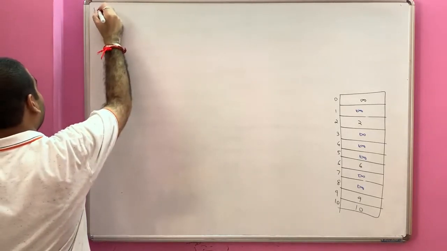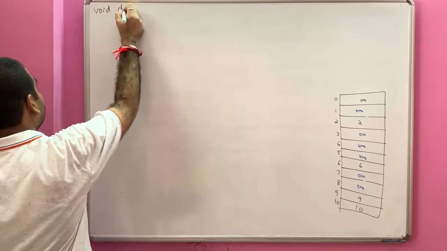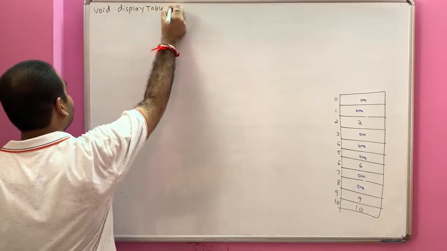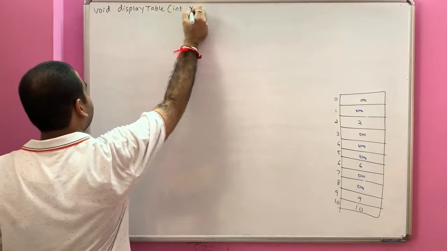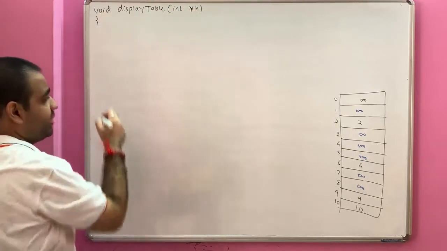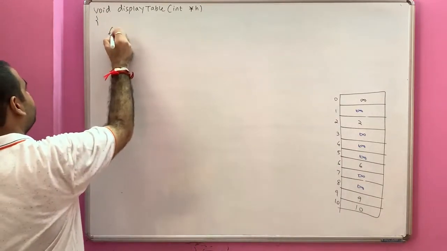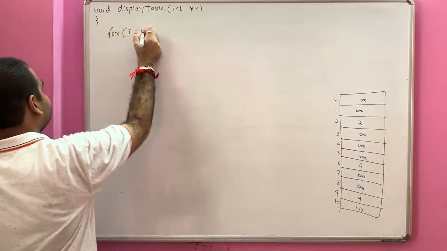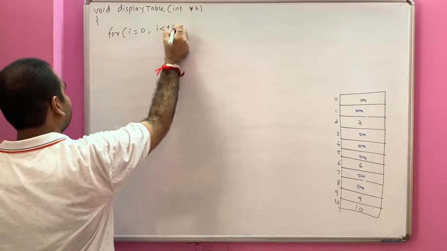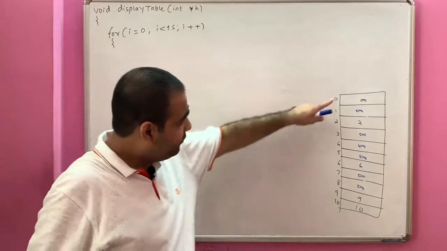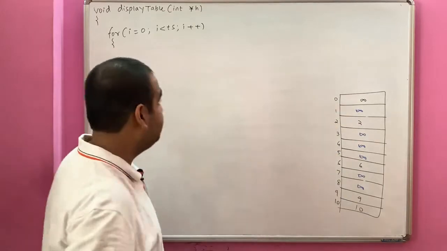Now we say void display table, or whatever is the function name, I don't remember, and we say int star h. How many indices do I need to display? From 0 to the table size. It's as good as displaying the array: for i is 0, i less than table size, i plus plus. Now if it is infinity, it means it is an empty slot.